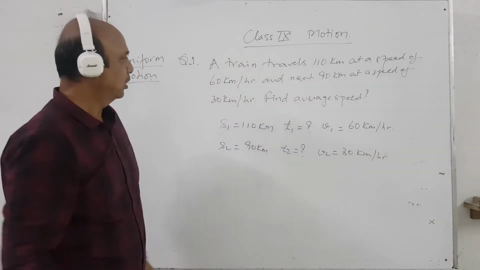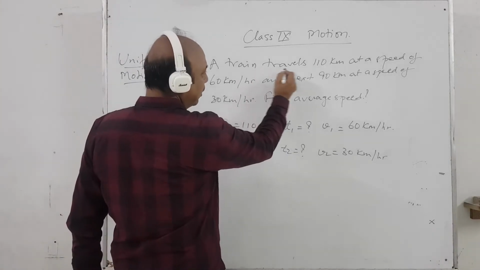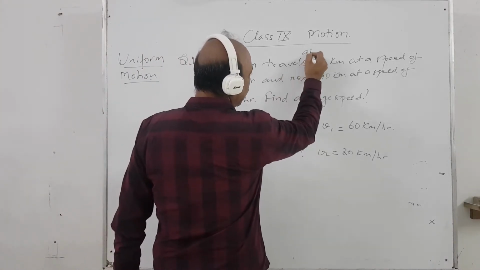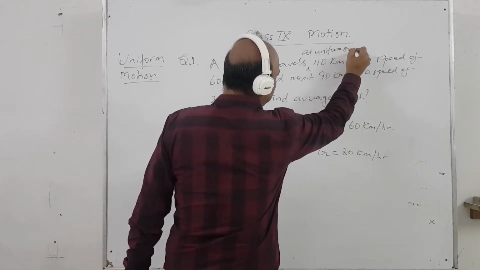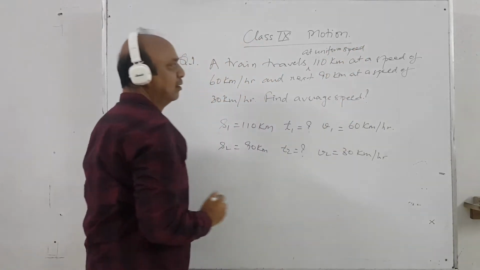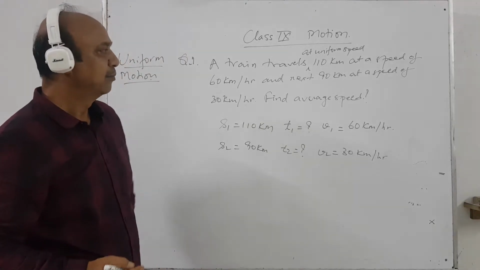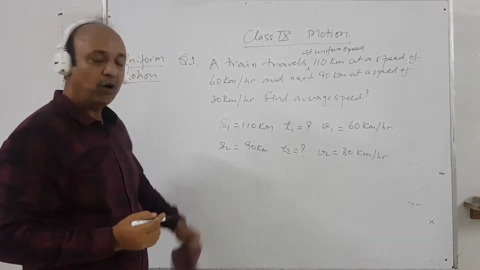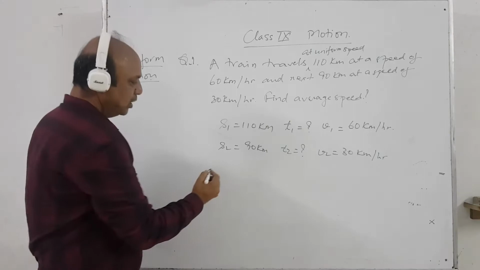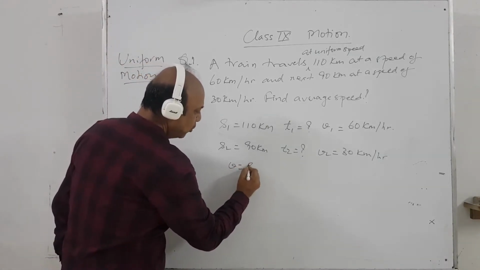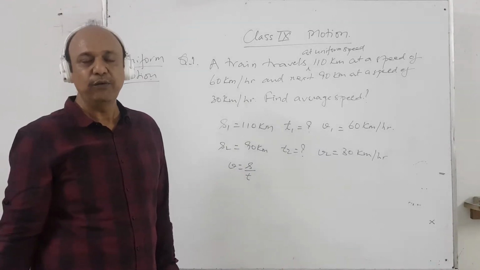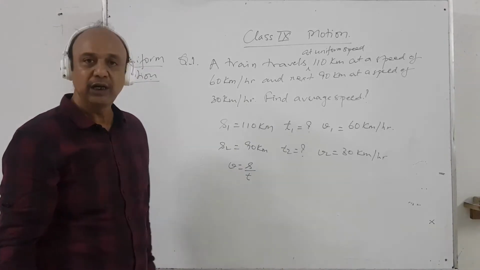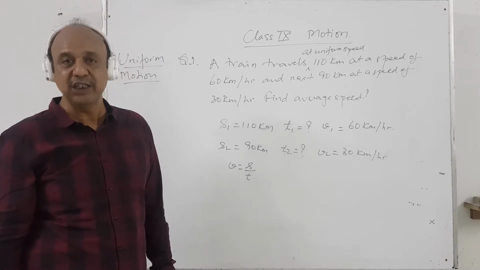For uniform motion, I have not mentioned the word, the train travels at uniform speed. When we talk about uniform speed, we are studying the formula V is equal to S upon T, because in case of uniform motion, acceleration is equal to 0.